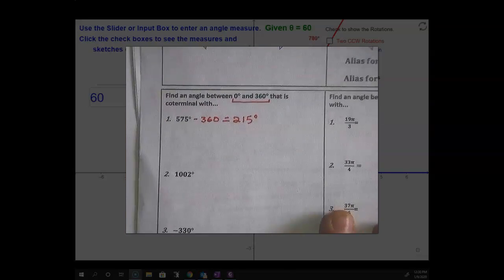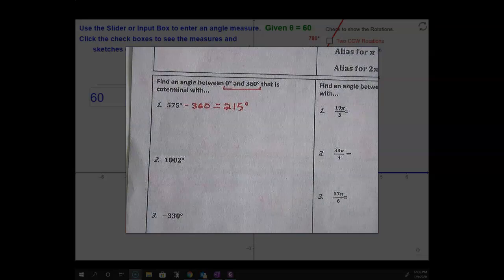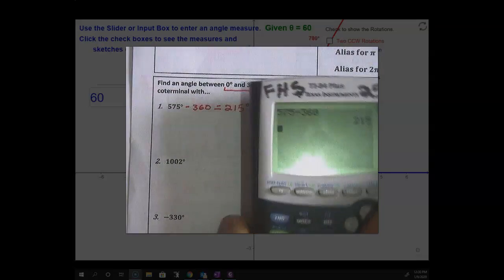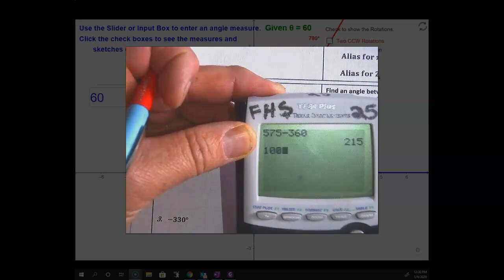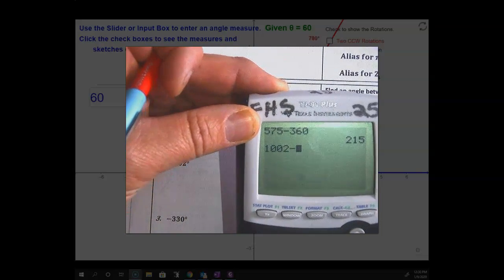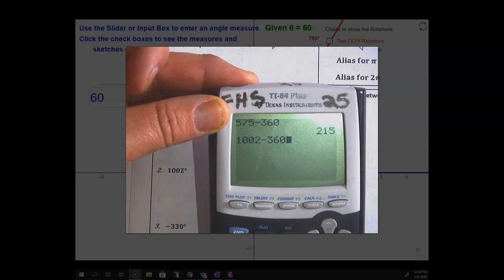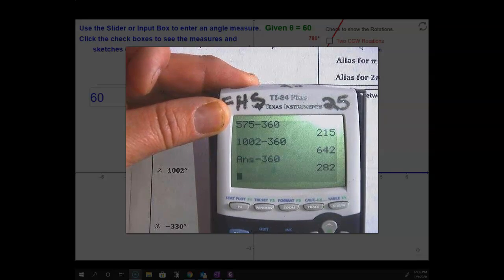If I had an angle that was 1,002 degrees, I just keep subtracting 360 until I get between 0 and 360. So nope, gotta keep going. Yep, 282.